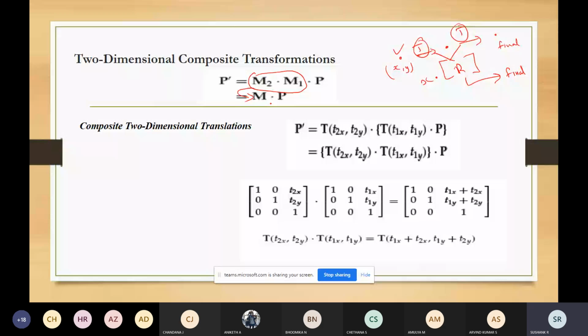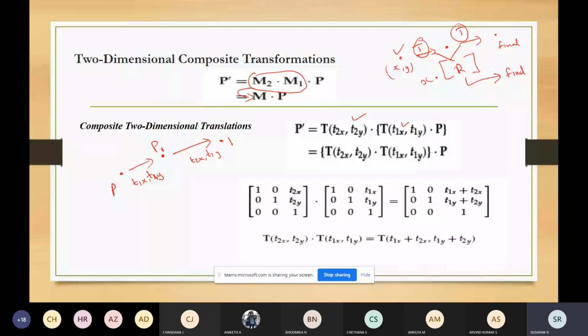For example, there is a point P. I want to apply one translation T1x, T1y. On applying this translation, this point will move to some location called P1. Again, for this point, I want to apply the translation T2x, T2y to move to the final location P2.